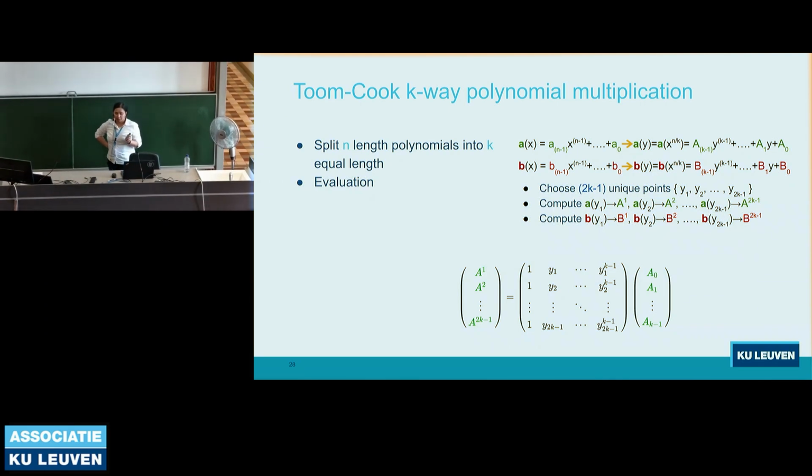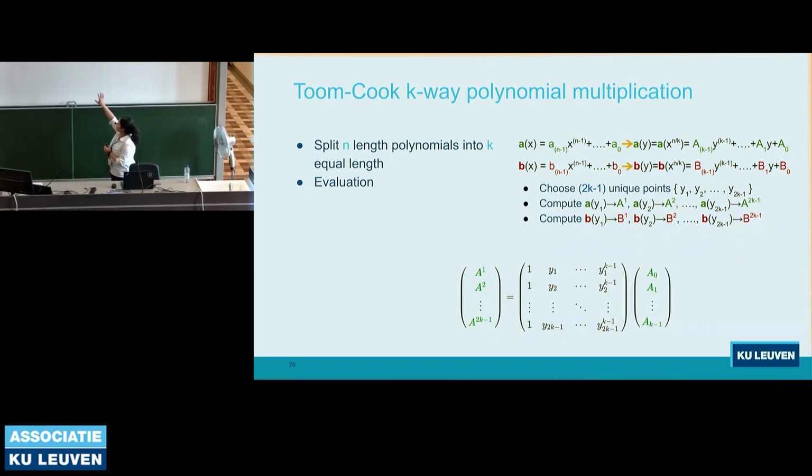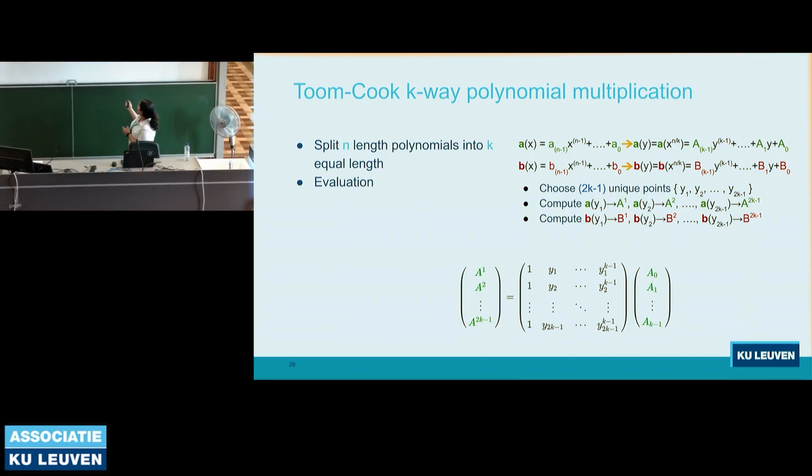And how do we do that? We use this type of mapping. Let's say I have chosen y1 to y2k minus 1 unique points. Then I need to do this matrix vector multiplication to get these representations. This is my output.